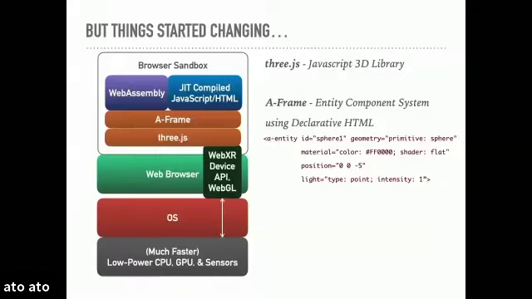But the awesome thing is you don't have to use a development environment like Unity to take advantage of entity component systems. You now have A-Frame optimized for creating VR and immersive experiences, providing an entity component system and allowing you to instantiate objects and UI through declarative HTML. Pretty cool stuff.